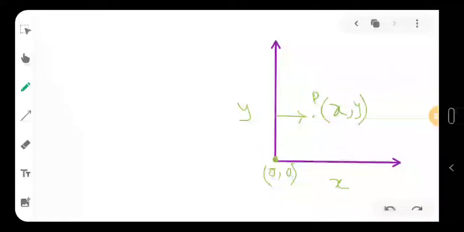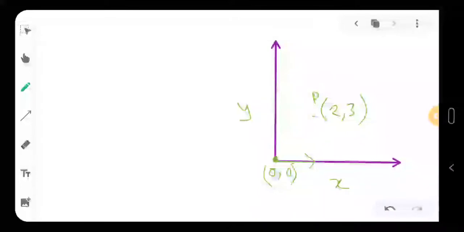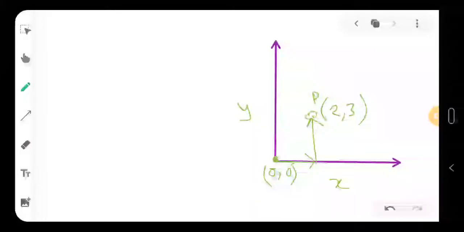So how to find that point? Let's say this point P is actually 2, 3. That means I have to come 2 units in the x line and then I have to go 3 units in the y line in order to get that point.